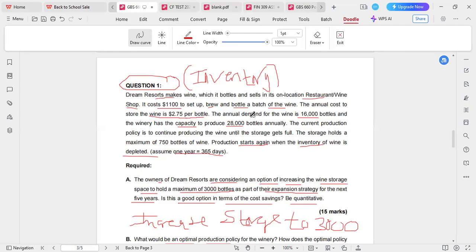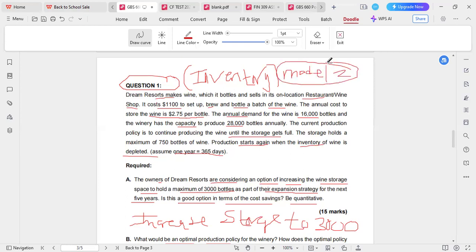The annual demand for the wine is 16,000 bottles. And the winery has a capacity to produce 28,000 bottles annually. The current production policy is to continue producing the wine until the storage gets full. In production, we call that model 2 of inventory.